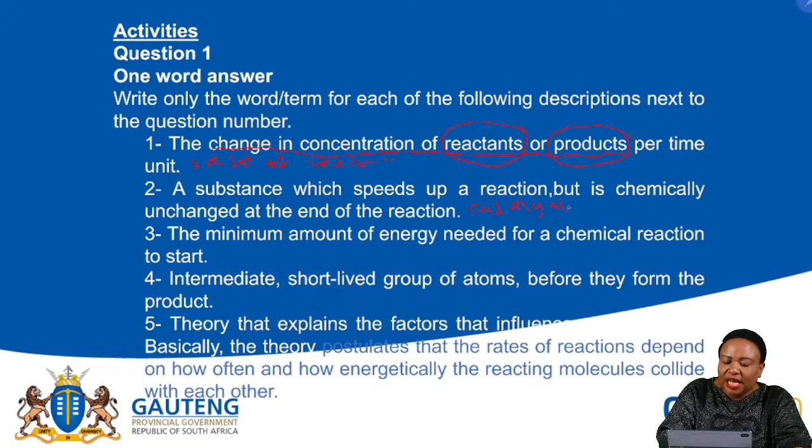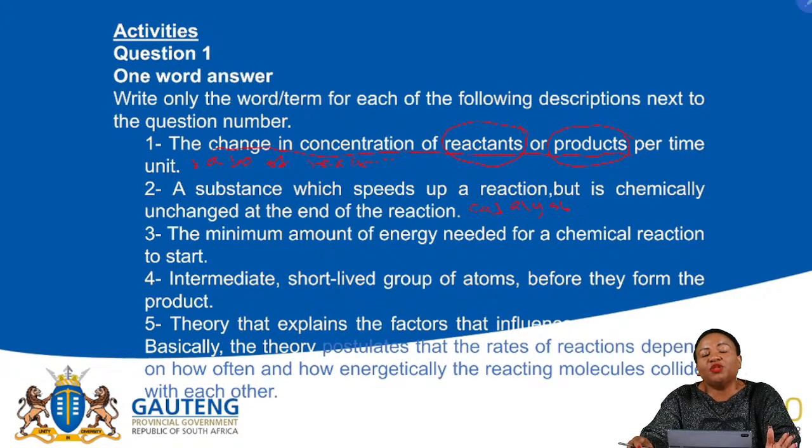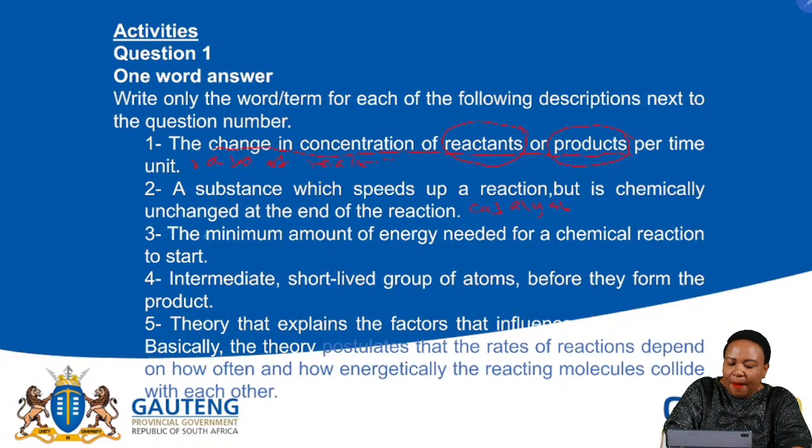And we also discussed that our catalyst must always be a suitable catalyst for the reaction to speed up. Next: the minimum amount of energy needed for the reaction to start.